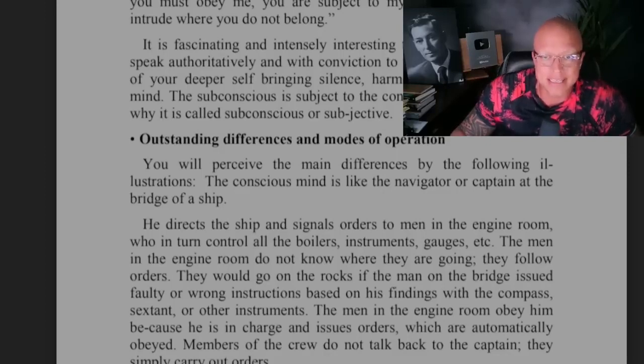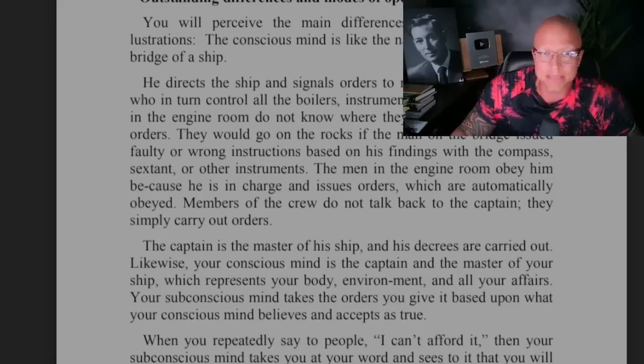The men in the engine room obey him because he is in charge and issues orders which are automatically obeyed. Members of the crew do not talk back to their captain. They simply carry out orders. The captain is the master of his ship, and his decrees or declarations or commands are carried out.